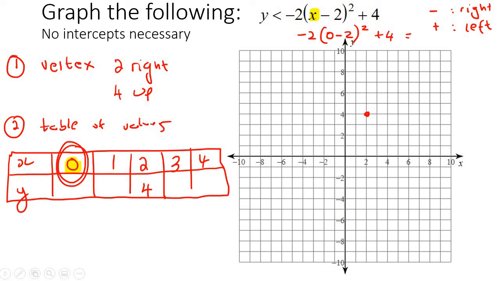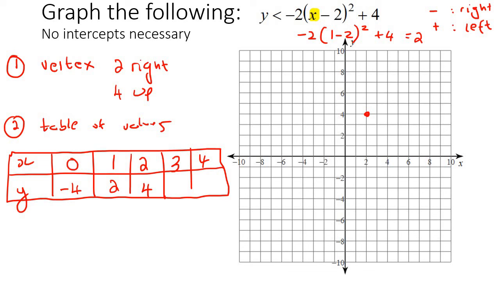And if you work this out, you get negative 4. Now we're going to use a 1 in the x's place. So I'm just going to take this 0 out and replace it with a 1. And if you calculate that one now, you get 2. So I'm going to put a 2 over there.